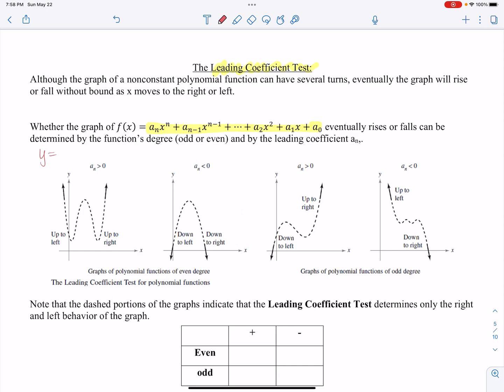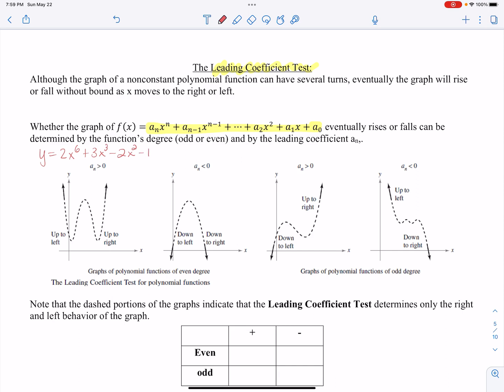When you're looking at a function and you can see that it's a polynomial, maybe it's 2x to the power of, let's keep it even, x to the power of 6 plus, and who knows how many pieces there are inside of this, right? I don't really care about all of this.